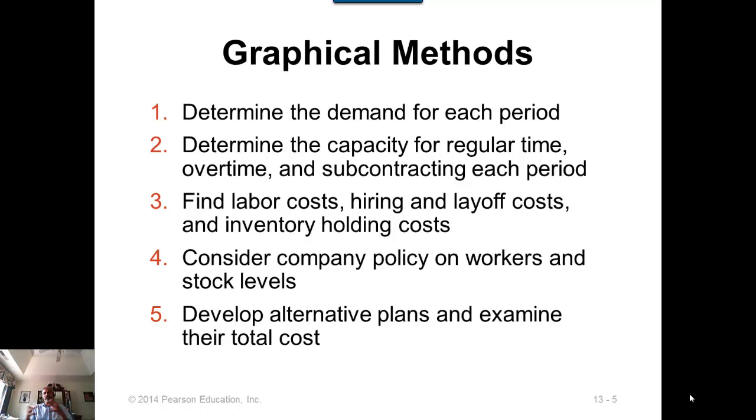So you have to take those constraints into account when we develop the aggregate plan. Then you develop different plans, compute the cost, compare, and select the one that best suits your needs. Not just the one that has minimum cost, but the one that best suits your needs for your company within your constraints.